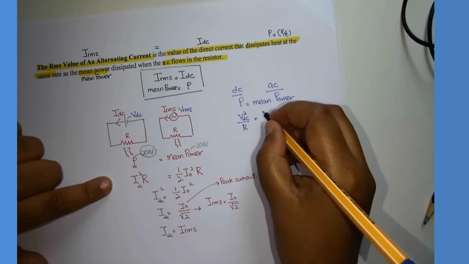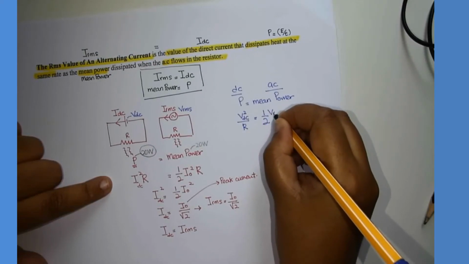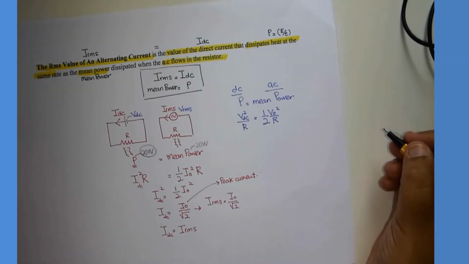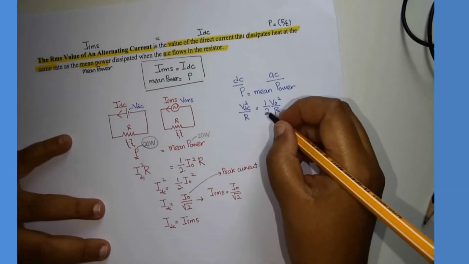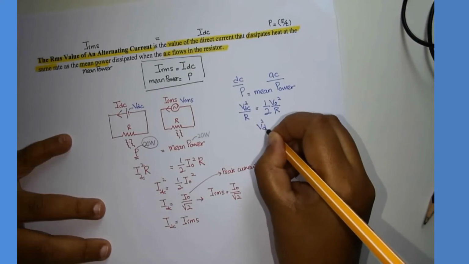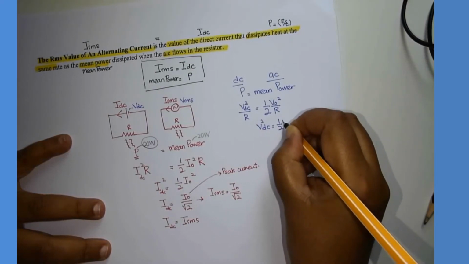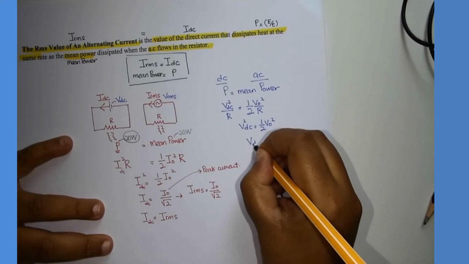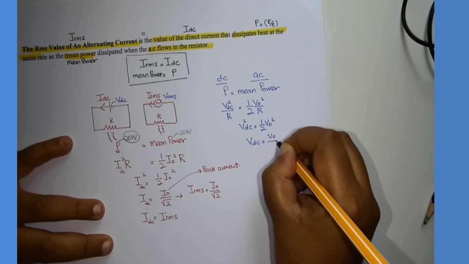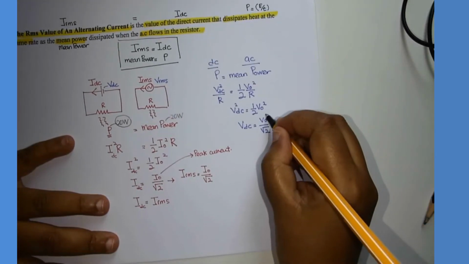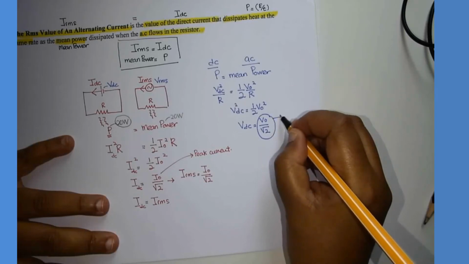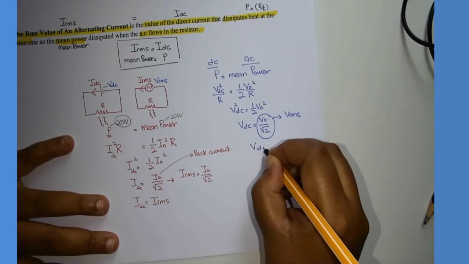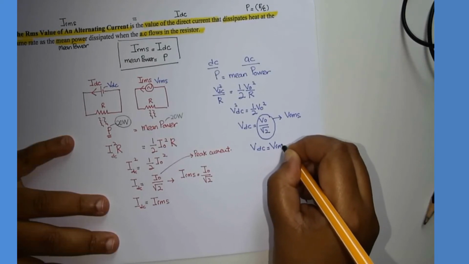Mean power is half V naught square over R. So from here I get V square DC equals half V naught square, and then if I square root, I get VDC equals V naught over square root of 2, which is actually VRMS. So VDC is equal to VRMS.